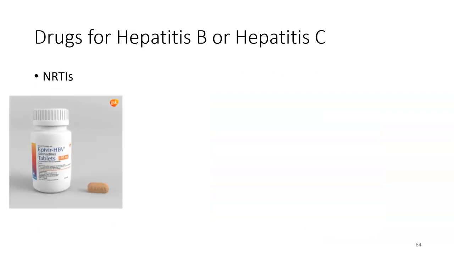Other drugs for hepatitis B or C, these are also drugs that are used in treating HIV. Nucleoside reverse transcriptase inhibitor drugs. It's a lot to remember. We generally just abbreviate that NRTIs. Lamivudine is Epivir, and on this brand name, this one is specific for treating hepatitis B virus, and it's on the label.